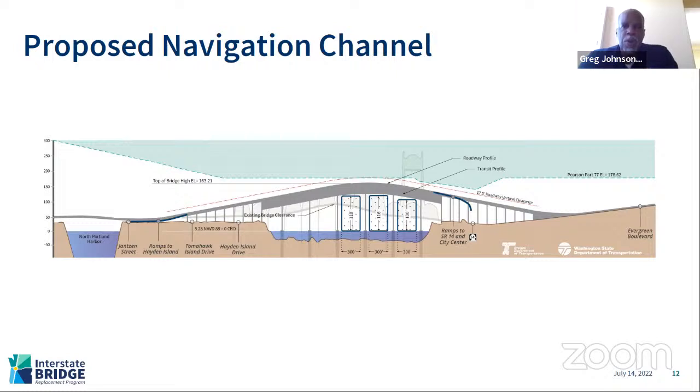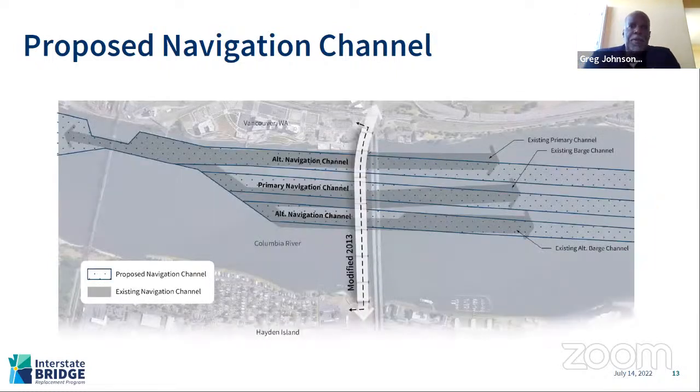So we're going to have a constant conversation with the Coast Guard to talk to them about this. We also have to deal with the U.S. Army Corps of Engineers. So if we can go to the next slide. The Army Corps, they are responsible for the channel depth.